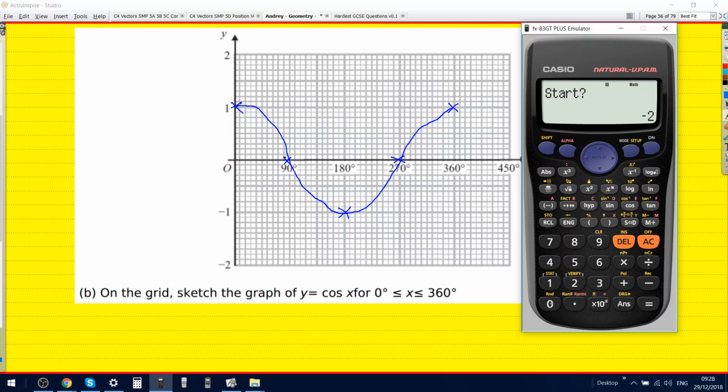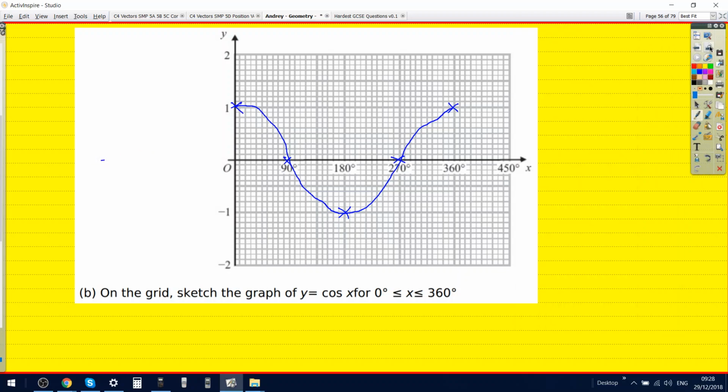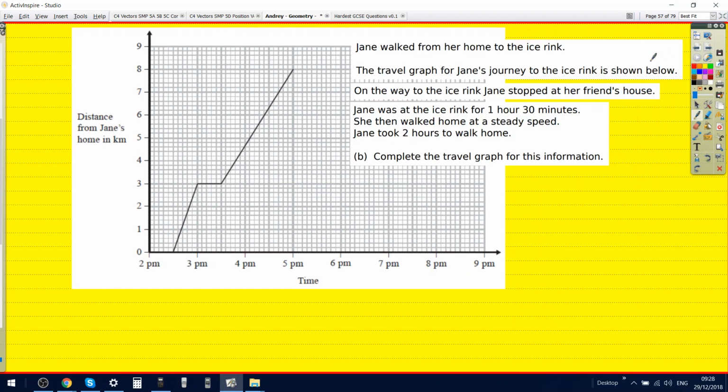Start at 0, stop at 360, go up by 90 each time. There you go: 90, 0, 180, minus 1, 270, 0, 360, 1. Yeah. Okay, how about this one?